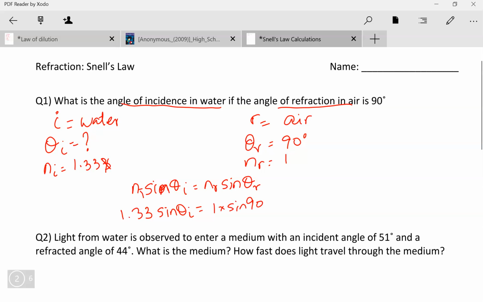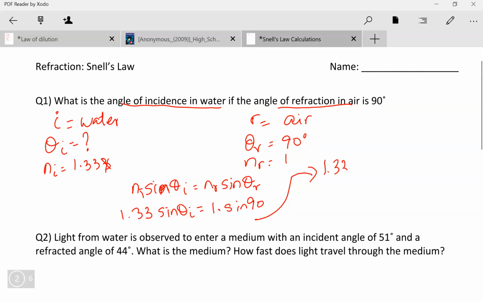And this is a multiplication, so 1 dot sine 90. A dot is a commonly used symbol to indicate multiplication, because x's or crosses get too confusing, because you don't know if it is an x or a multiplication.